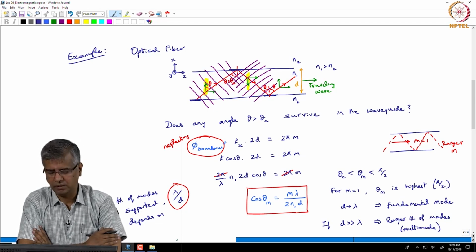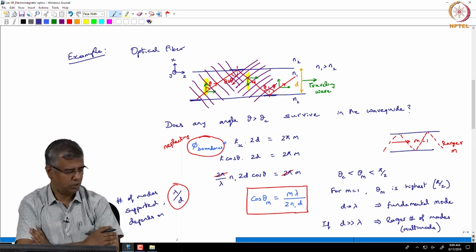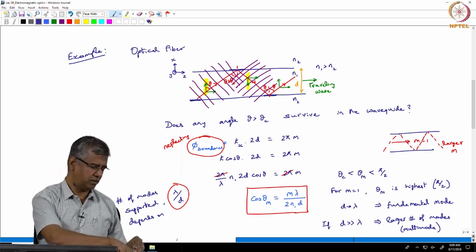As far as the boundary conditions are concerned, you will have to have a consistent pattern of interference that is traveling all along the waveguide. So yesterday I wanted to actually show you this. This is something that I experienced as a student, and it stuck to my mind.